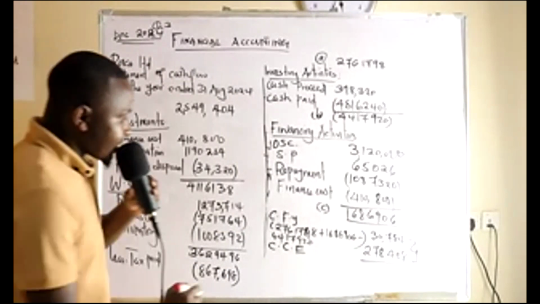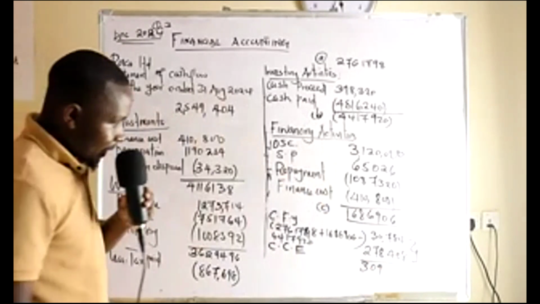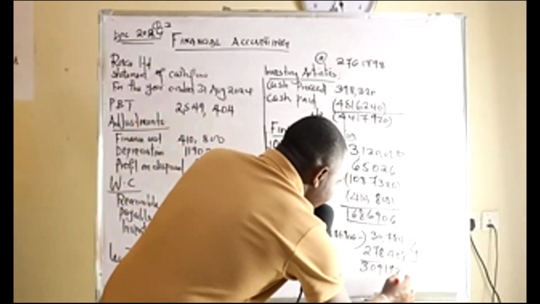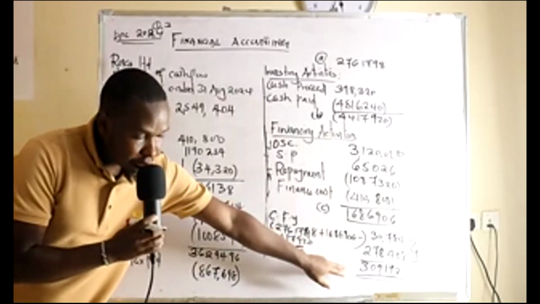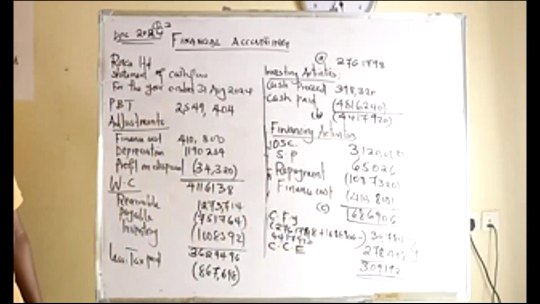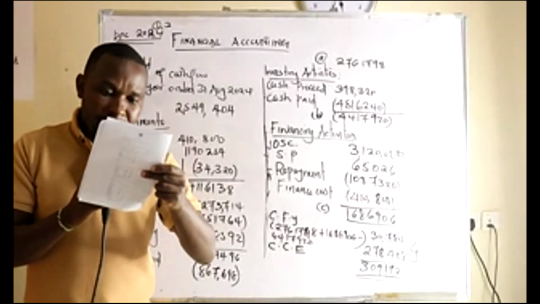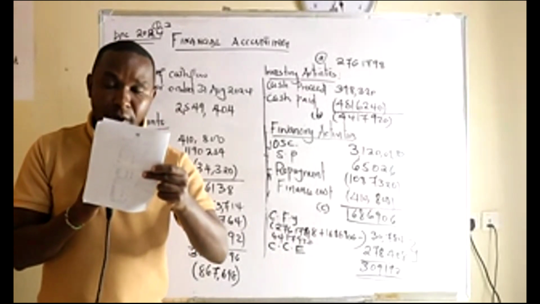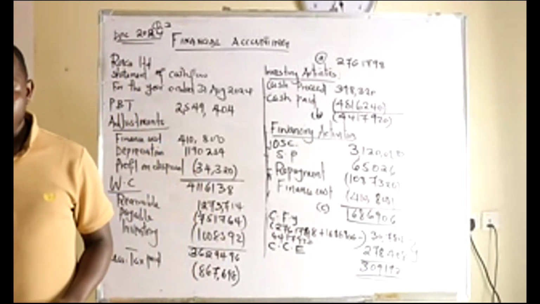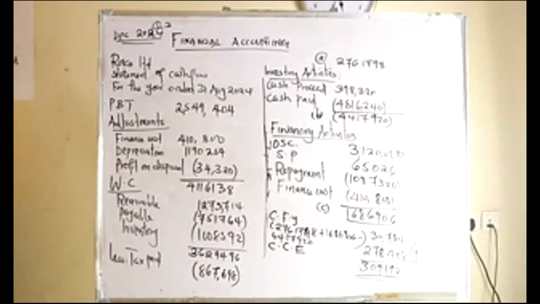I'm getting 309,192, which is the cash and cash equivalent at the end, and it should be the same as your cash and bank balance at the end. So when you look at 2024, it is 309,192, the same figure.